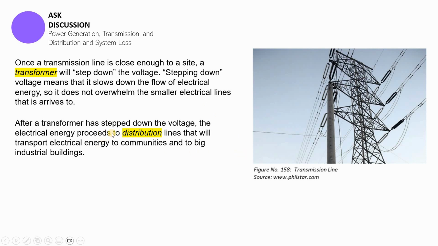Now, after the transformer has stepped down the voltage, the electrical energy proceeds to distribution lines that will transport electrical energy to communities and to big industrial buildings.